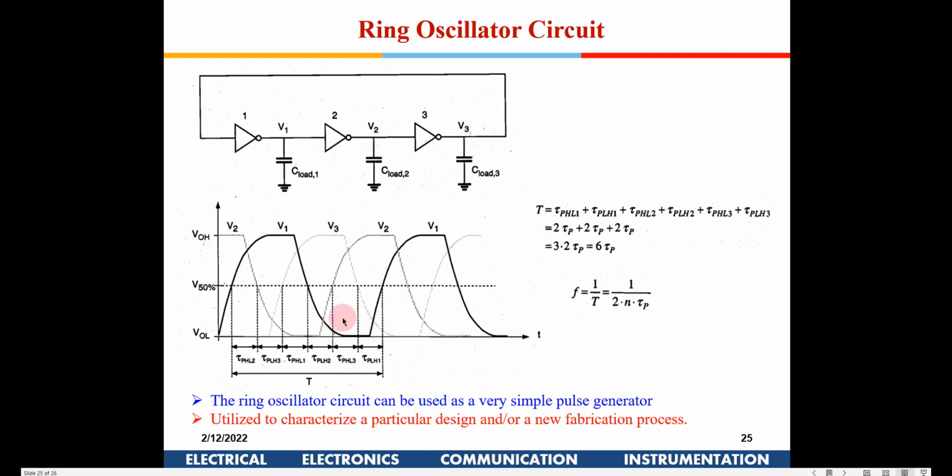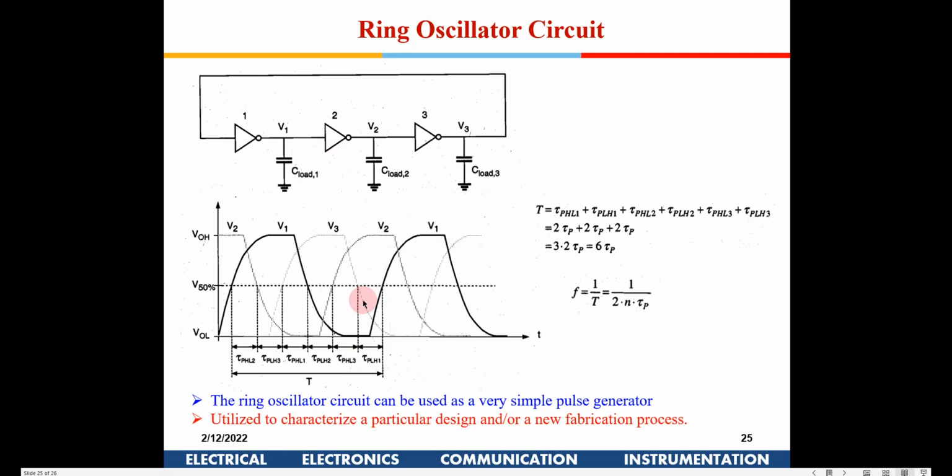Whenever somebody is proposing a new technology, some new device, in the technology file there will be a lot of data available, CG, VT, and all. But for a digital designer, this particular waveform, shown in that published set of data, is one of the most important performance plots.